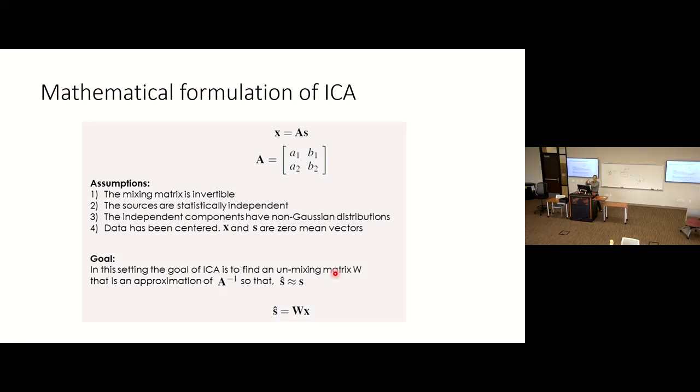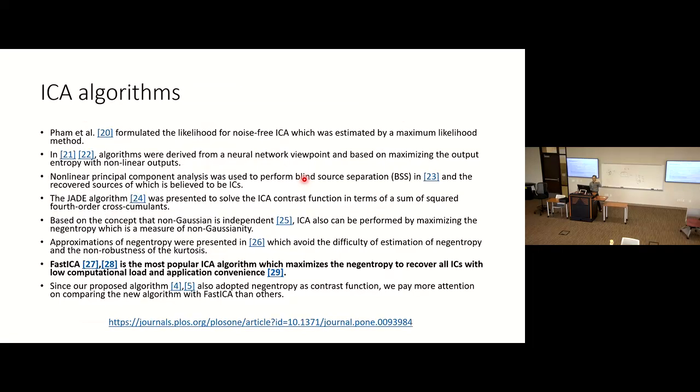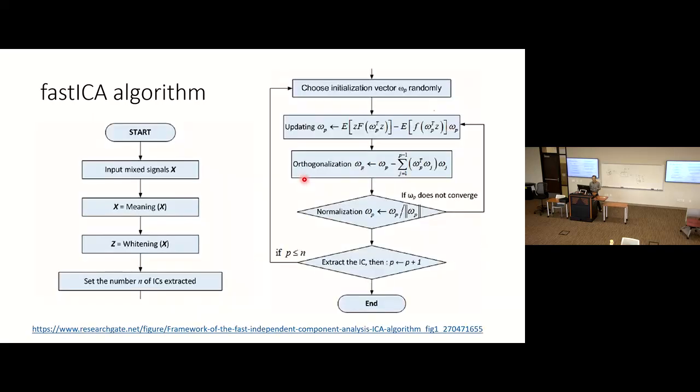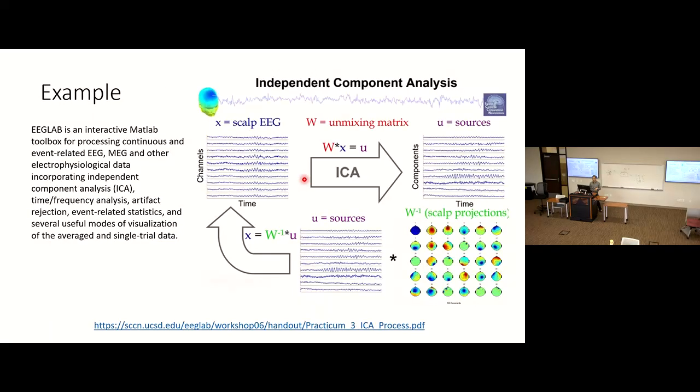Microphone 2 collects 20% of conversation and 80% of music. So it will reconstruct this mixing matrix to help you understand the independent sources. And a lot of algorithms have been developed, and we can use this to decompose the mixed information.